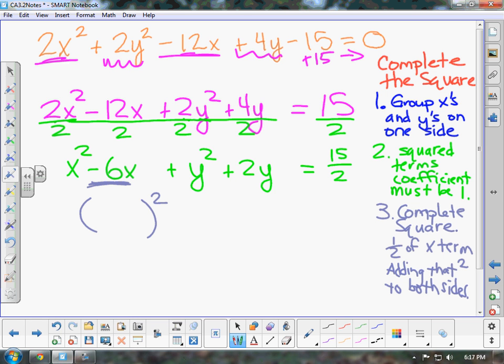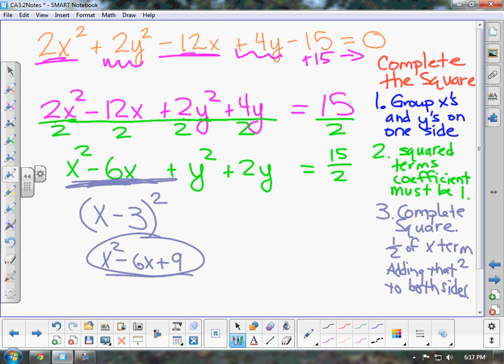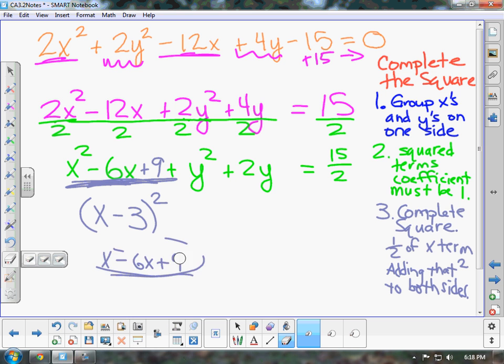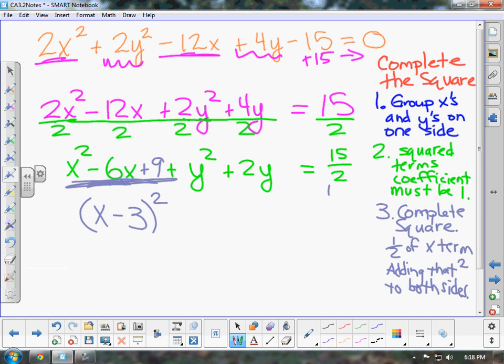Just look at the x term, and half of negative 6 is a negative 3, so it's x minus 3 squared. Well, if you multiply this out, you get x squared minus 6x plus 9. What's missing in this thing is the plus 9. Well, that's 3 squared. So what we're doing is having to add 9 to this in order for us to factor it to x minus 3 squared. So because we added 9 here, we are also going to need to add 9 to that side.